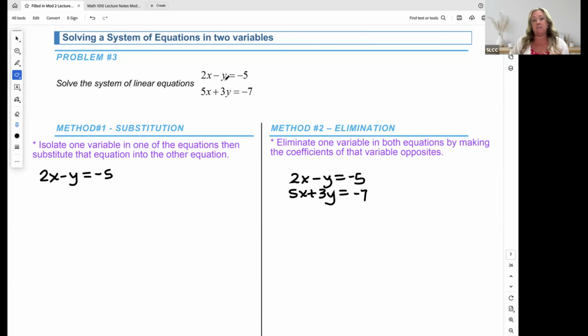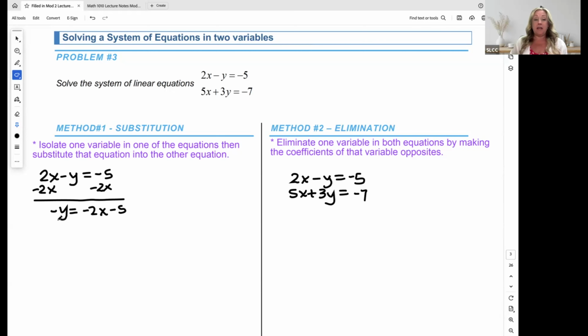I see this negative y right here, and that looks pretty easy to isolate. So I'm going to subtract my 2x over to the other side, which will give me negative y equals negative 2x minus 5.